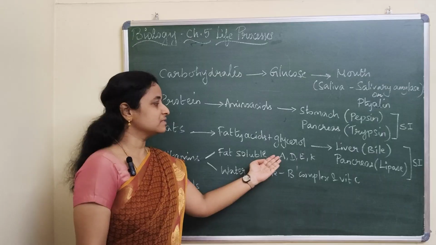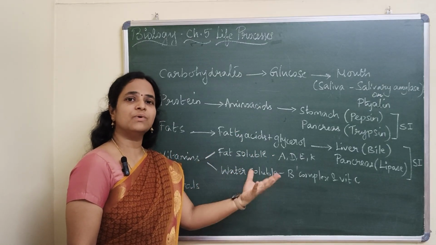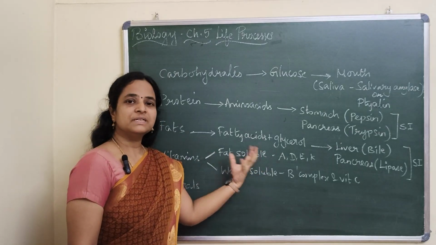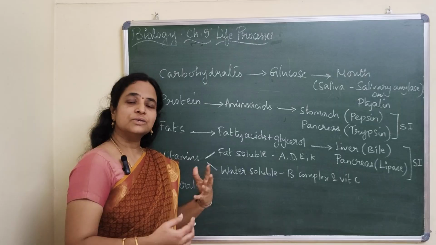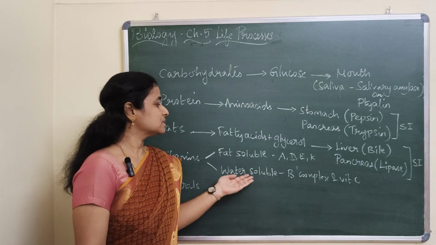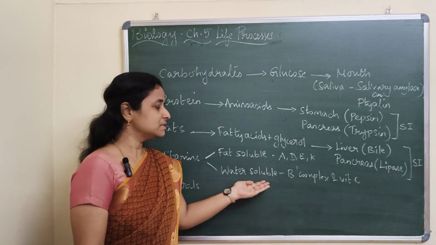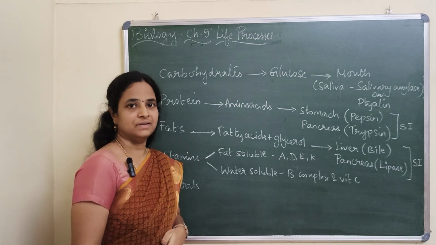So fat soluble vitamins dissolve in fat and are stored. Whenever the body is in need, the vitamin can be utilized. Whereas water soluble vitamins are soluble in water and are excreted on a daily basis. So it is necessary to take vitamin B complex and vitamin C in our diet regularly.